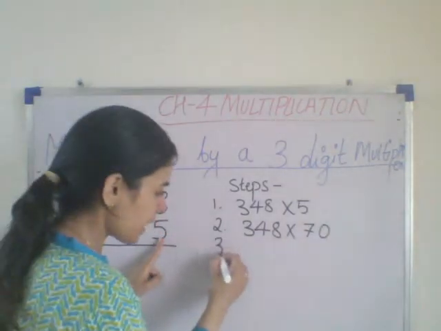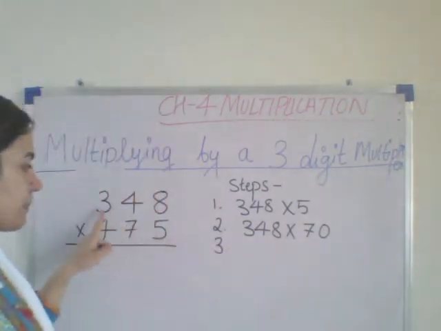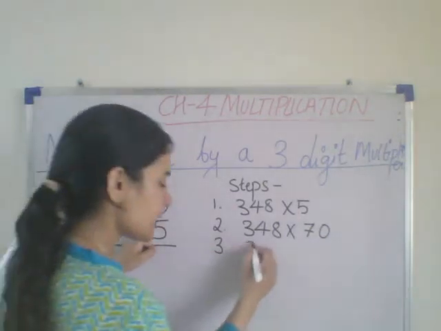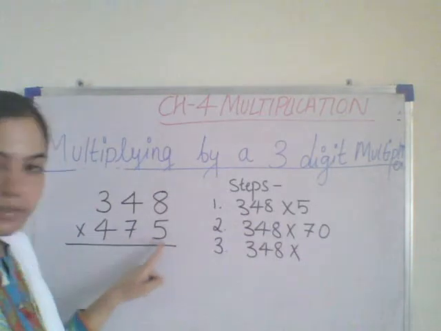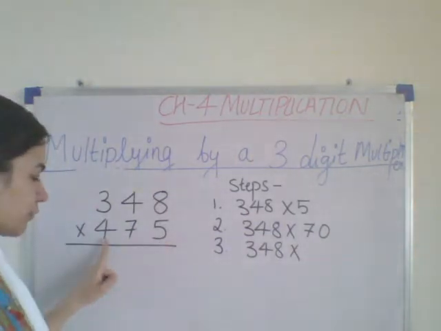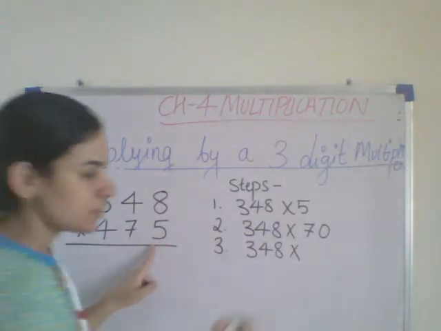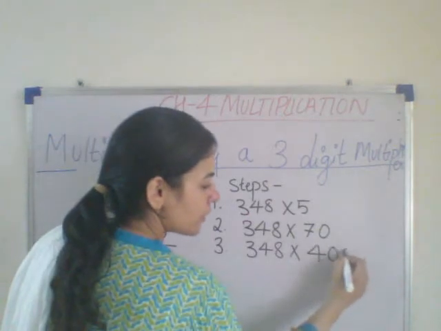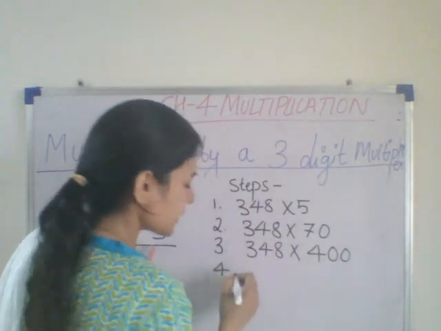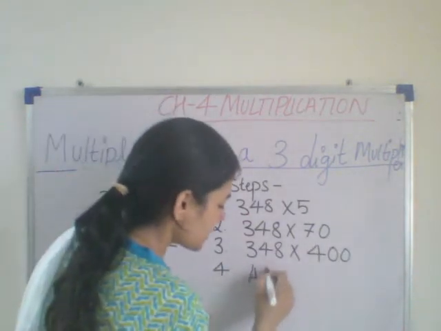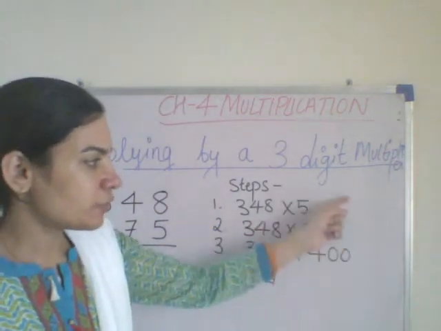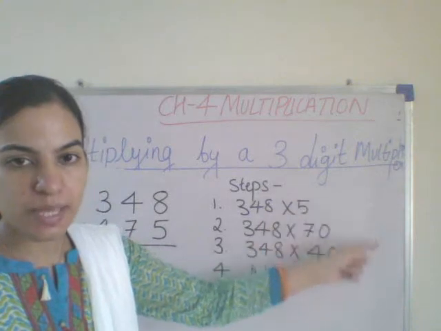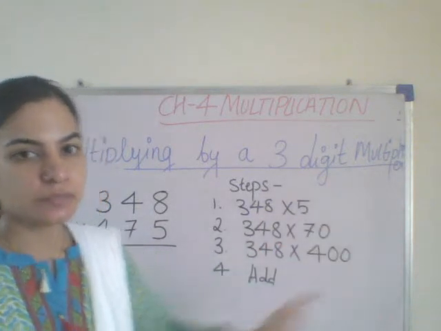In the third step, we have to multiply 348 with 400, because after 4 two digits are there. So 400. And in the last step, we have to add these 3. You will be getting the answer after adding these 3.